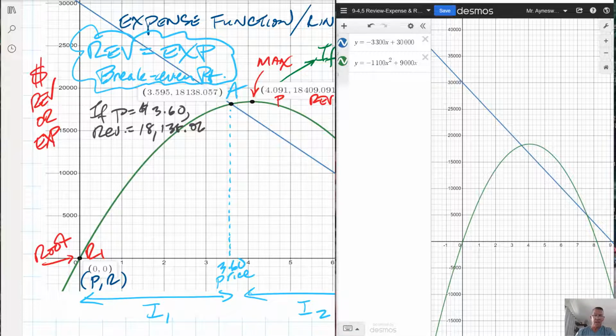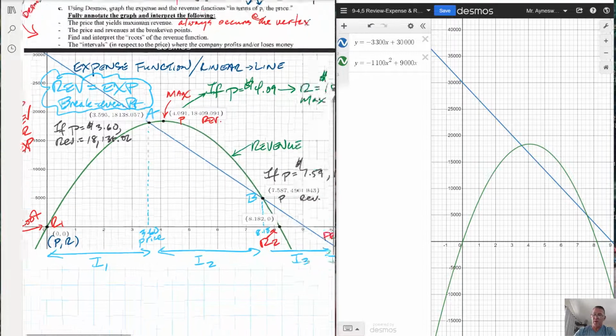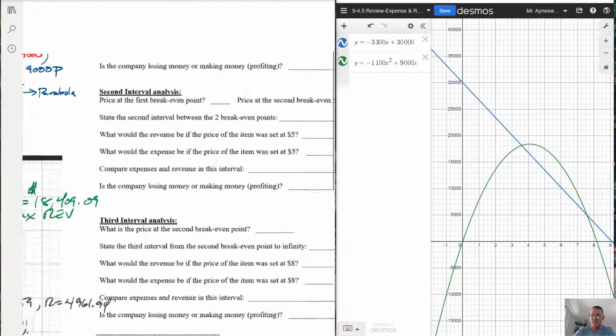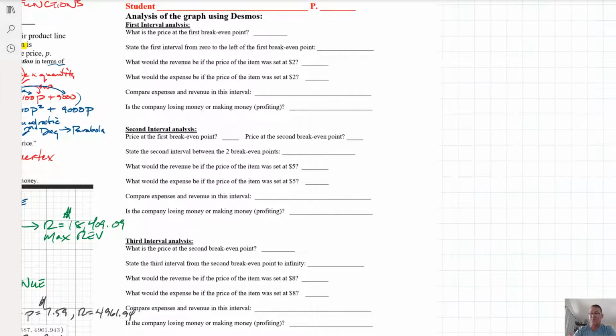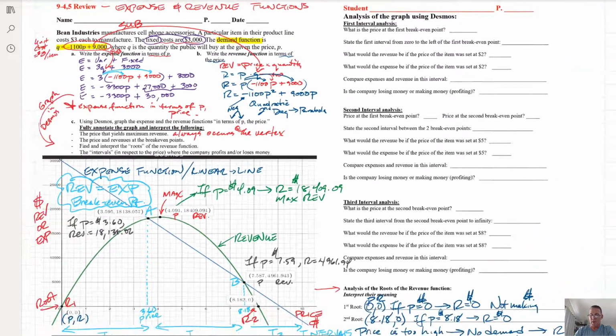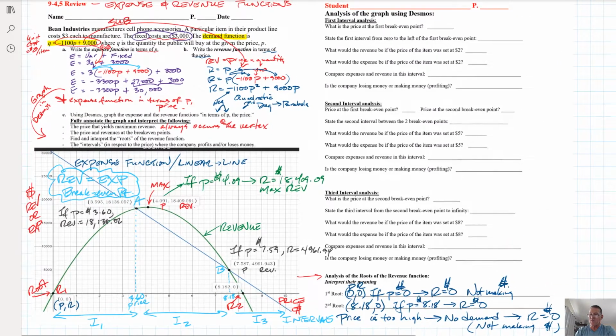All right, and so we can answer these questions on the right. In our first interval here, it says, what is the price at the first break-even point? Well, the first break-even point is at $3.60. So let's put that in there. It says state the first interval from 0 to the left of this break-even point.